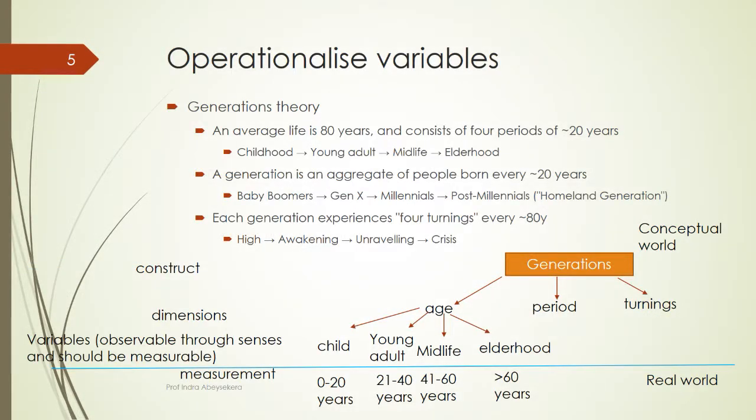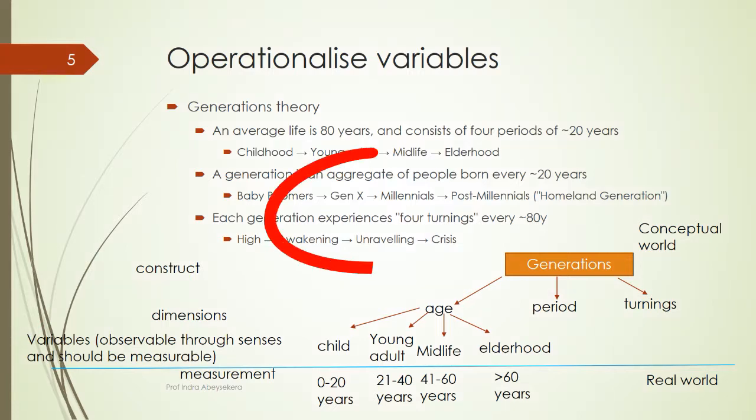So based on the generation theory, there's not just one classification of generations. We can classify generations in different ways: childhood, young adult, midlife, elderhood; baby boomers, Gen X, millennials, post-millennials.